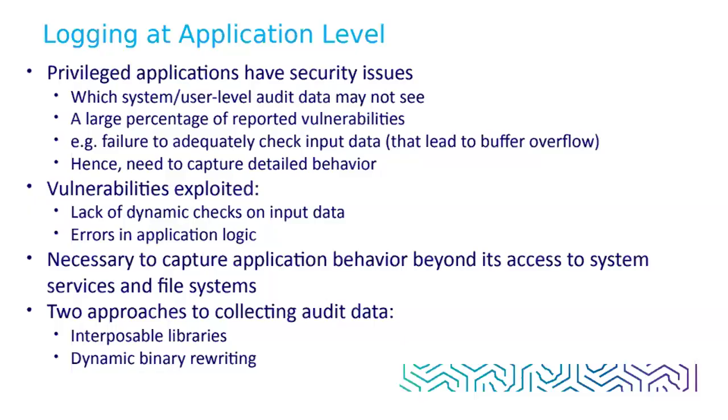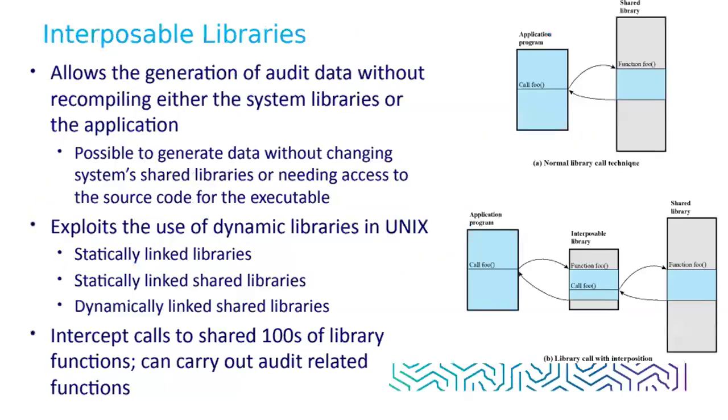We need to make sure of the interposable libraries. This allows the generation of audit data without recompiling either the system libraries or the applications, because application level logging is necessary since operating system logs alone cannot capture the internal behavior of an application. So the first approach to collect application audit data is interposable libraries.